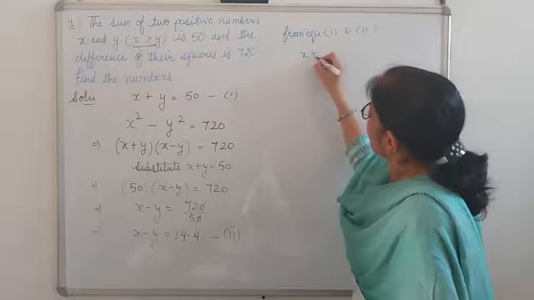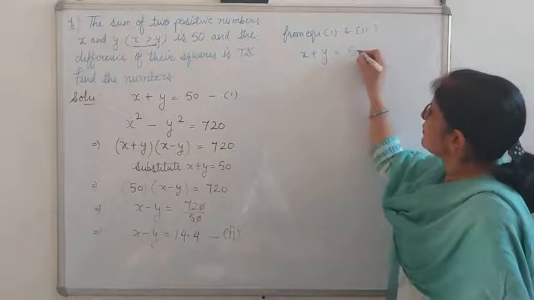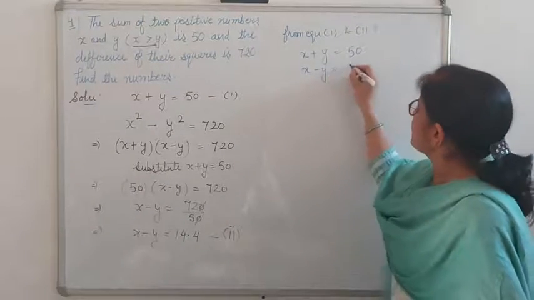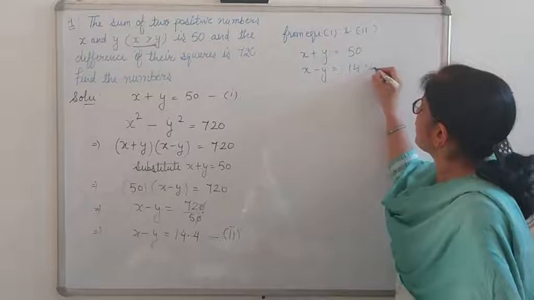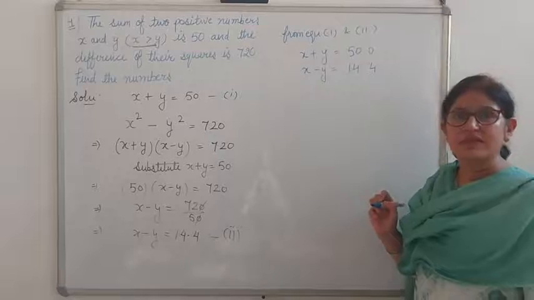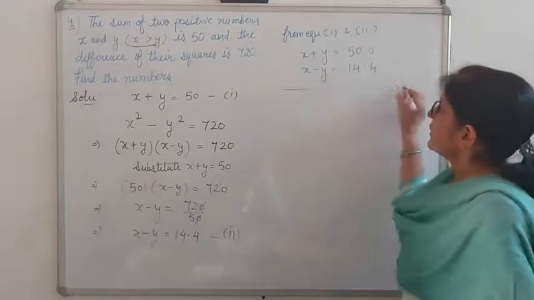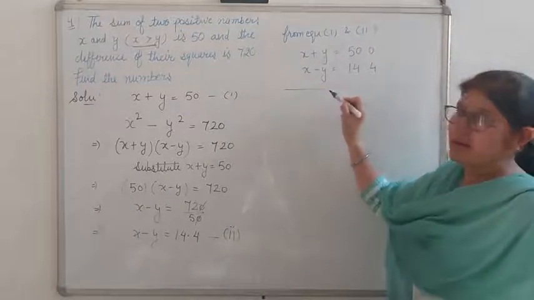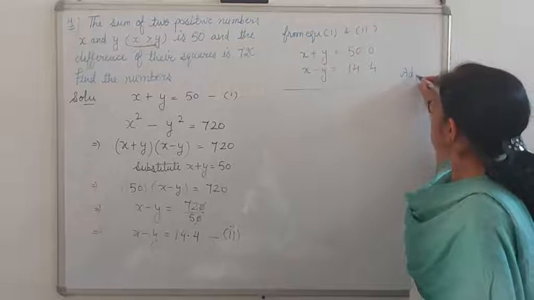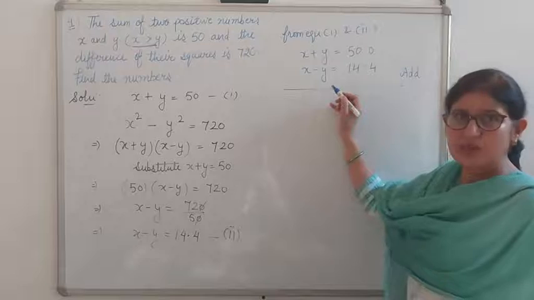X plus y is equal to 50. X minus y is equal to 14.4. Here you can also add a decimal and 0 to make them like decimals. Now, if we add them, y and minus y will cancel, so no need to change the sign. Already one is plus, one is minus.